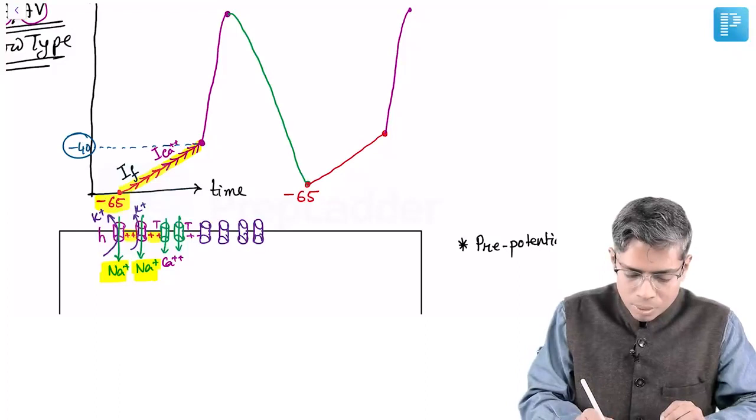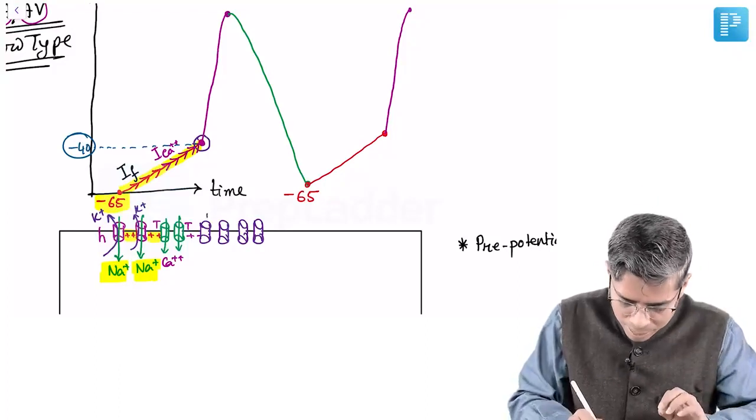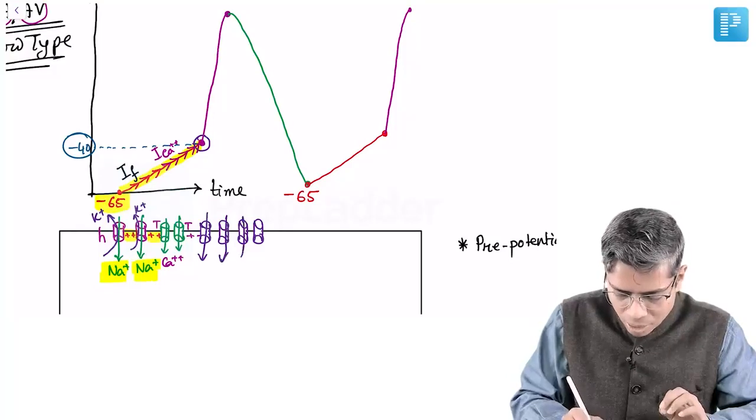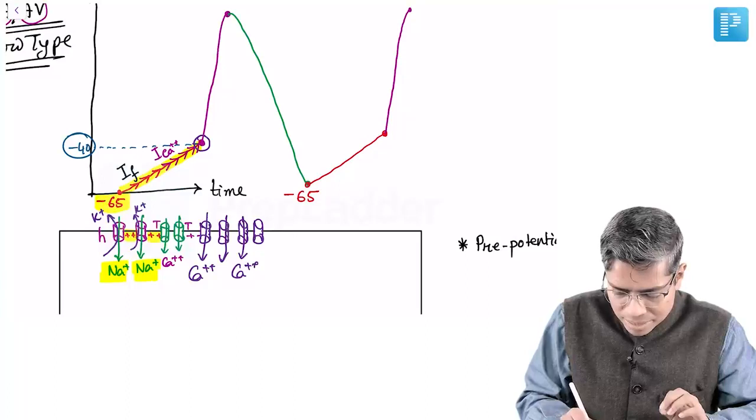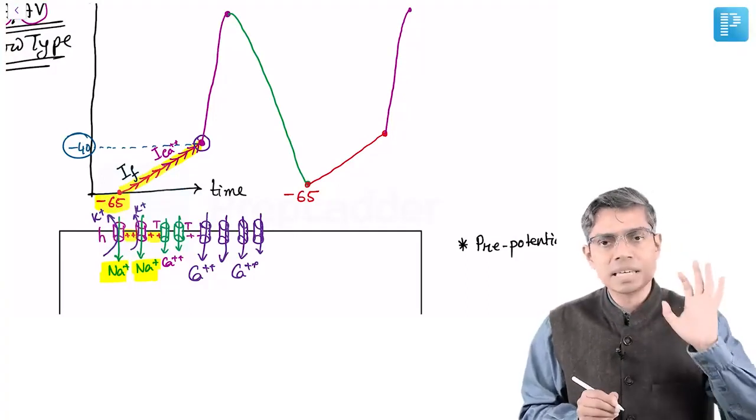So whenever you are reaching this threshold voltage, simultaneously there will be opening of a large number of calcium channels, but these calcium channels are L-type calcium channels which are slow in nature.